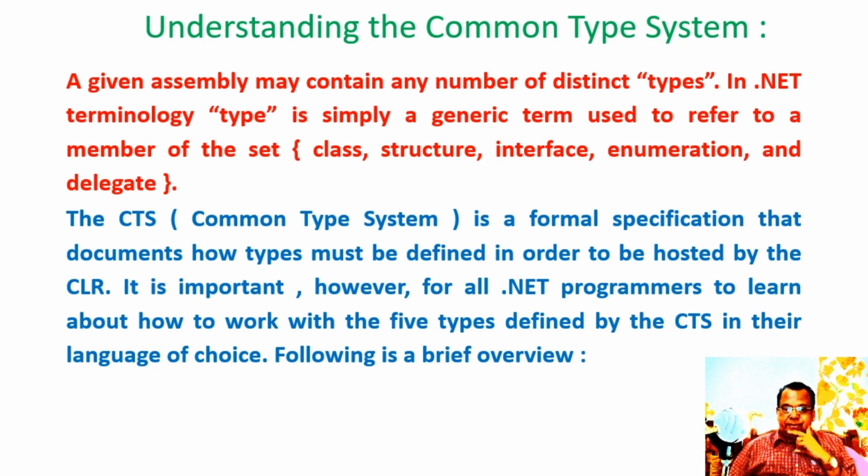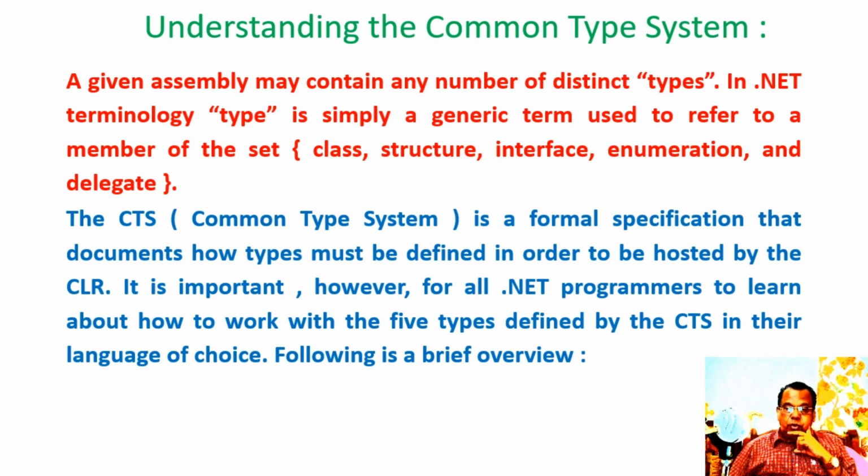So this set enclosed in curly brackets contains 5 elements: class, structure, interface, enumeration, and delegate. So that means 5 types are there: 1, 2, 3, 4, 5.